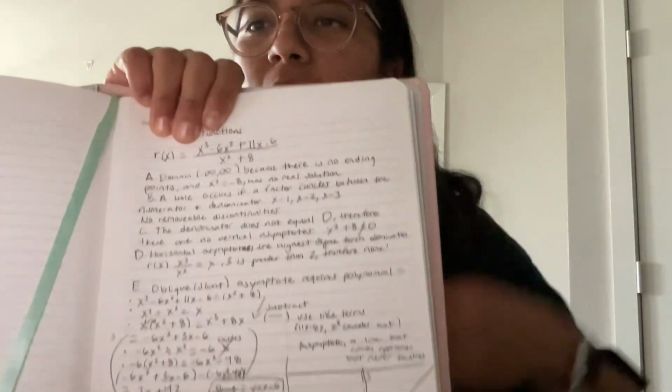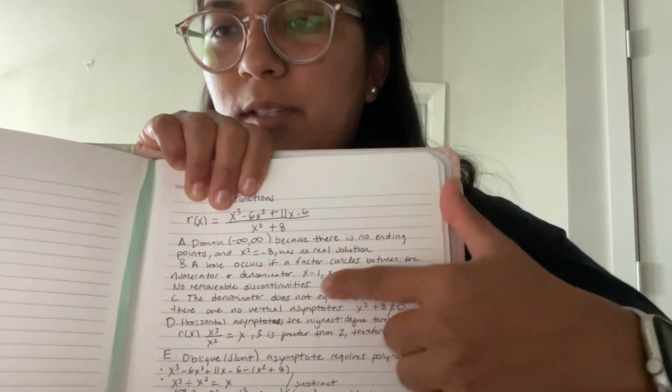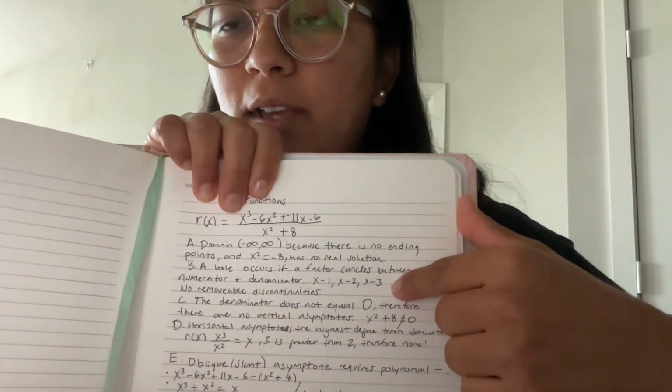Since there's no skipping, there are no removable discontinuities, because there's no actual canceling between the numerator and denominator.